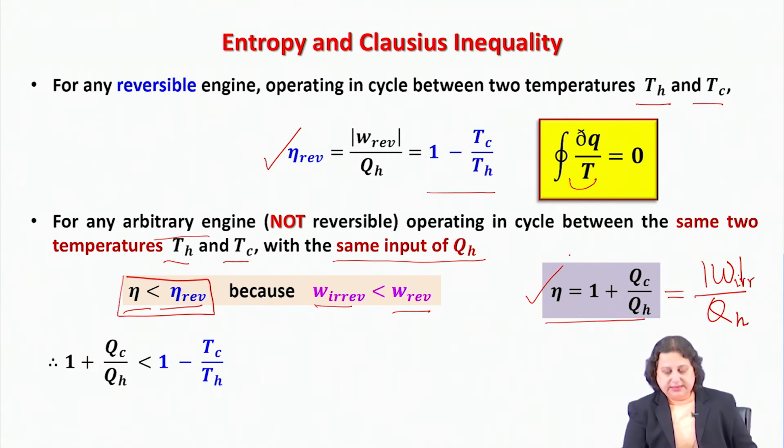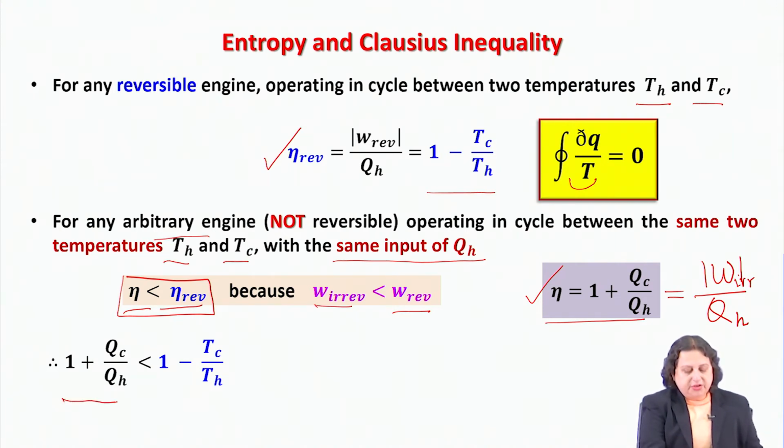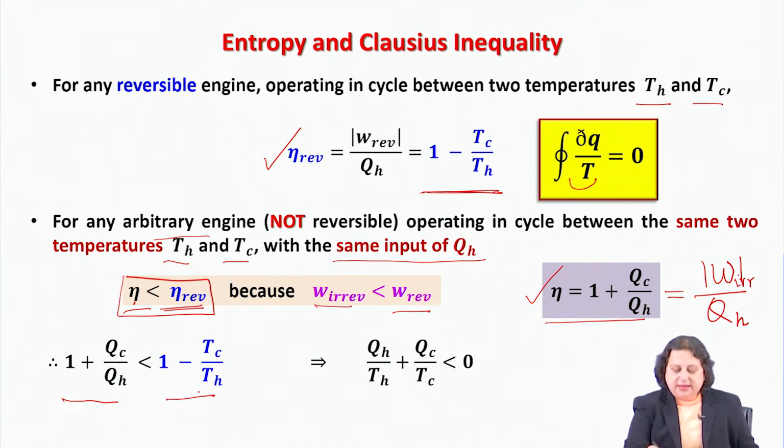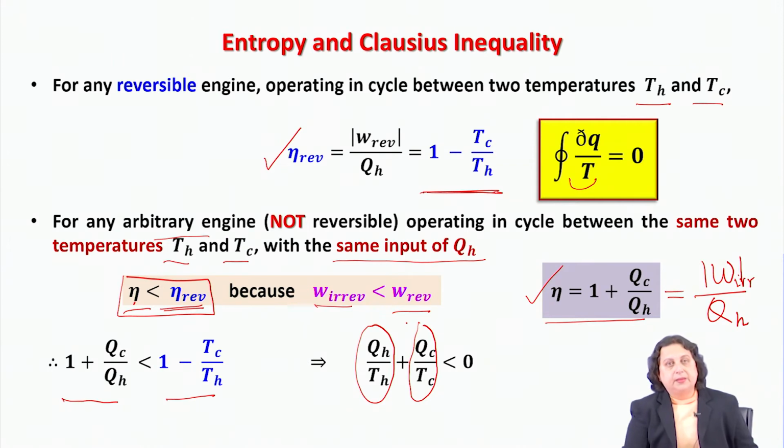So, I find that eta, that is 1 plus Qc by QH, I put it on the left hand side in place of this eta, and this would be less than eta reversible. So, I put back this expression on the right hand side and then I rearrange. When I rearrange, I find that this means that QH by TH plus QC by TC must be less than 0.